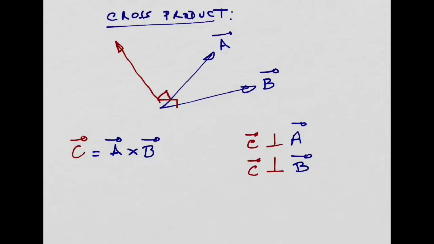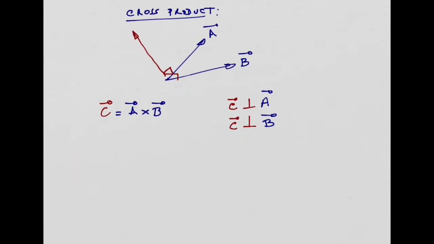Because in order to obtain this cross product, in order to obtain my vector C, imagine I have vector A with these components, AX, AY, AZ. This is my vector A, I can put it like this.